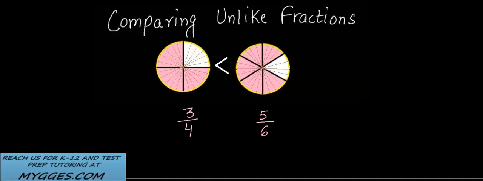Now, how do we make these like fractions? We can make unlike fractions like just by multiplying the numerator and denominator of the first fraction by the denominator of the second fraction, and vice versa. Like here, your second denominator is 6, so we multiply the numerator and denominator of the first fraction by 6.